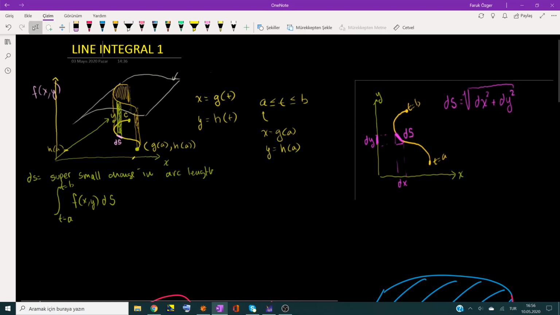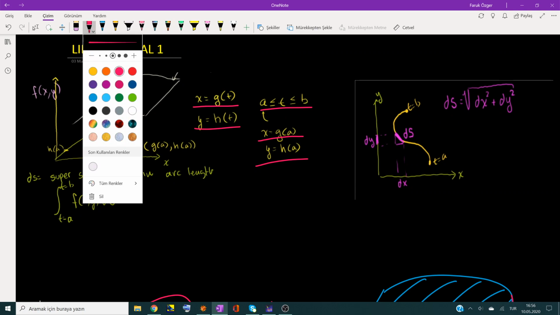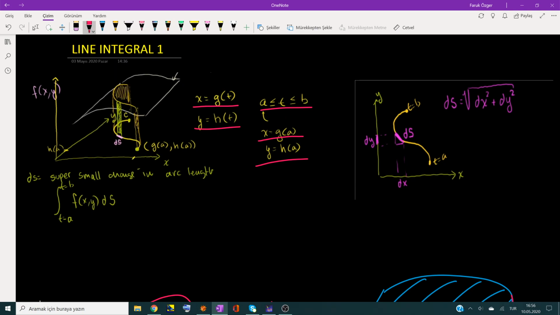Let's say we have a curve which is represented by a parametric equation, x equals g of t, y equals h of t, and t is in between a and b. So when you give the point A, you have g of a for x and h of a for y. Let's say this is the curve.